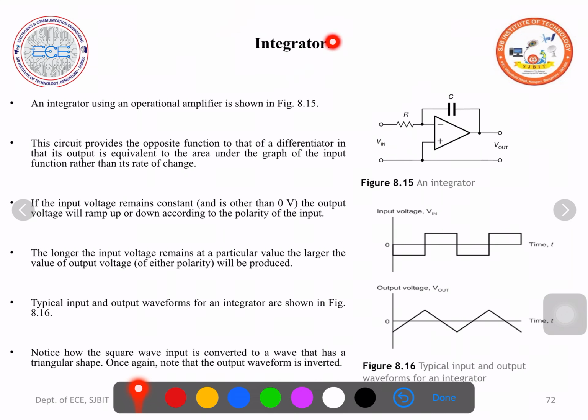I hope you know the English meaning of the integration. It is summation. If you consider this as an input waveform, a square waveform or rectangular waveform you can consider. Here we consider the area, here it is the area, negative area. Here, if you go on adding, definitely the area increasing. Then the area is positive.